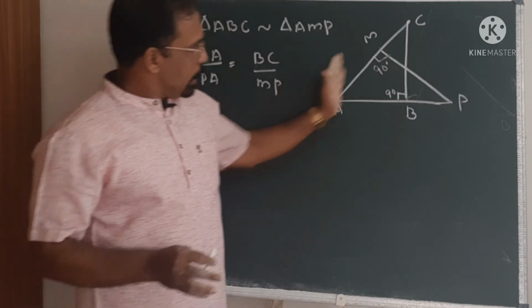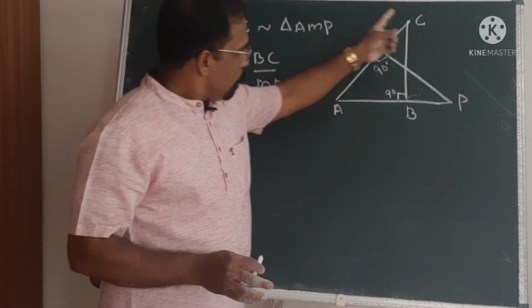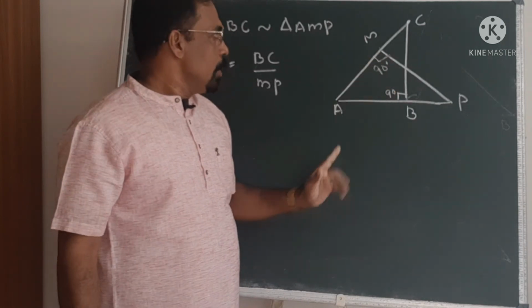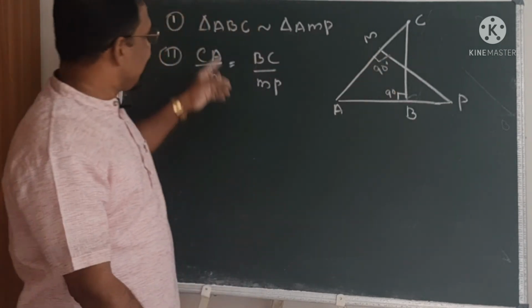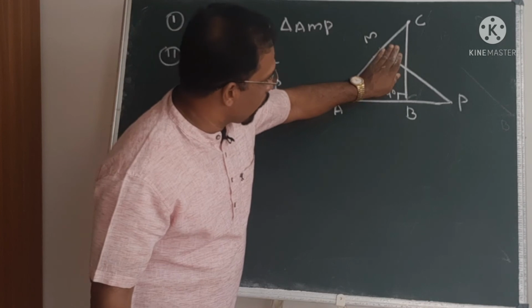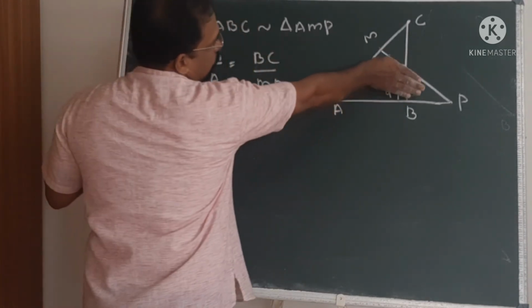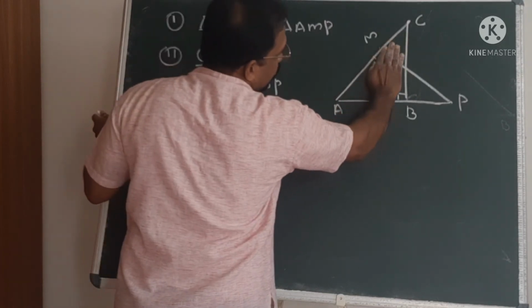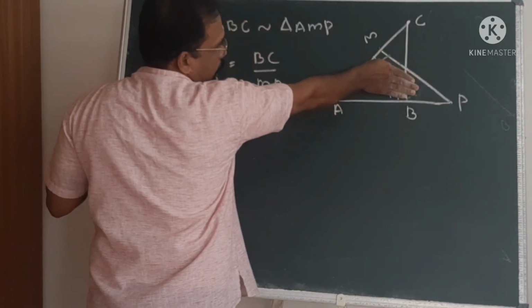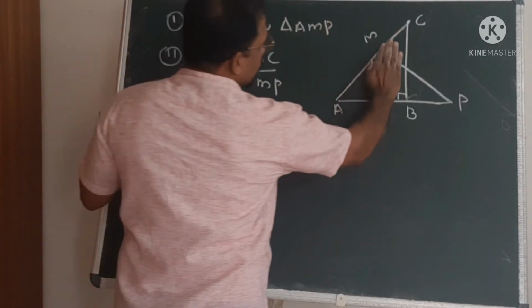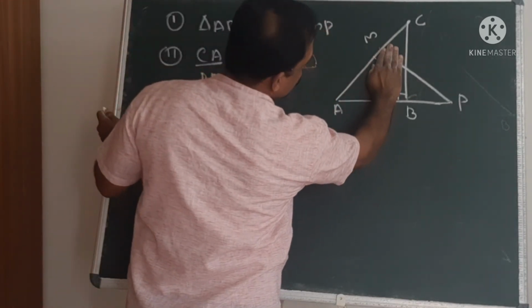So in this case, this is right angled at B, this is right angled at M. In the first case we have to prove that triangle ABC, this triangle, is similar to triangle AMP, this triangle. This is what we have to prove. Now you consider this triangle.